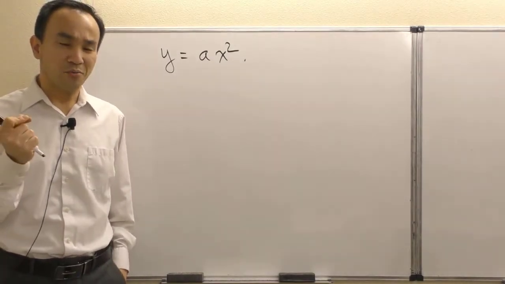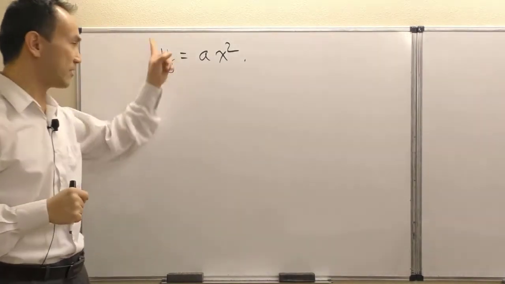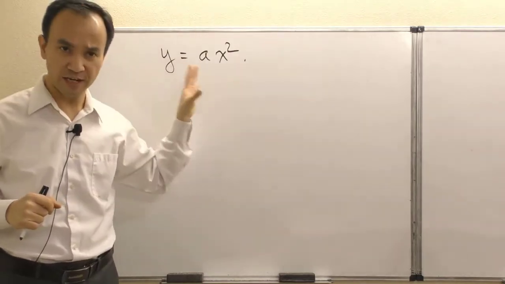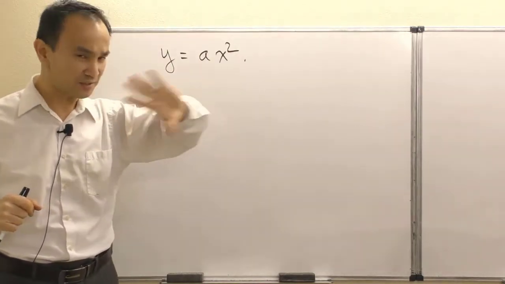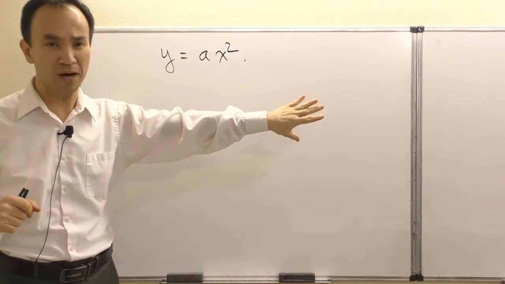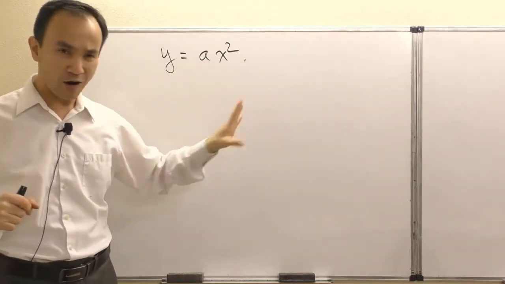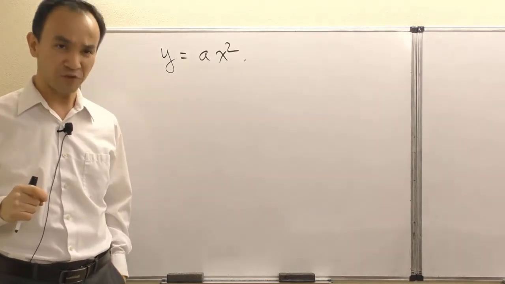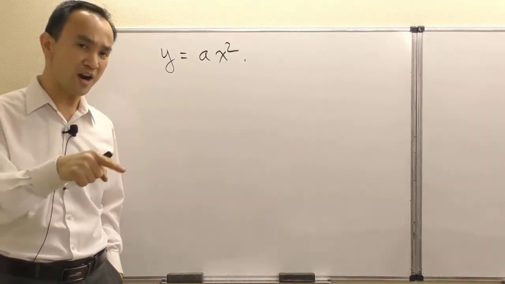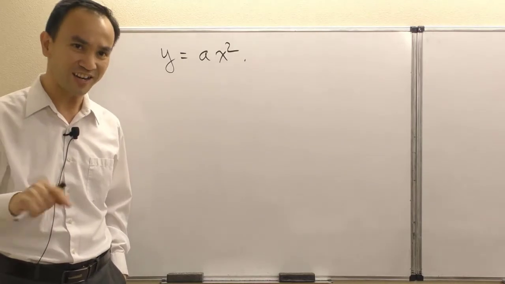Now, when you're looking at this function, let's for now put away the understanding about multivariable functions, even though it is required that you should have learned that prior to this lesson.